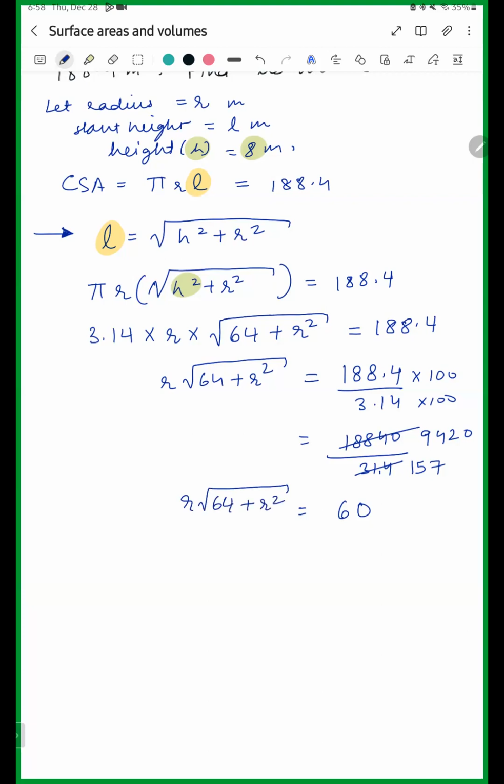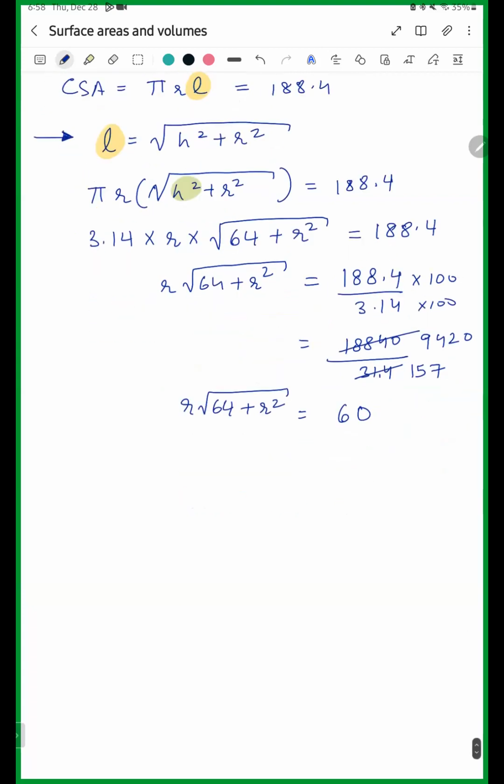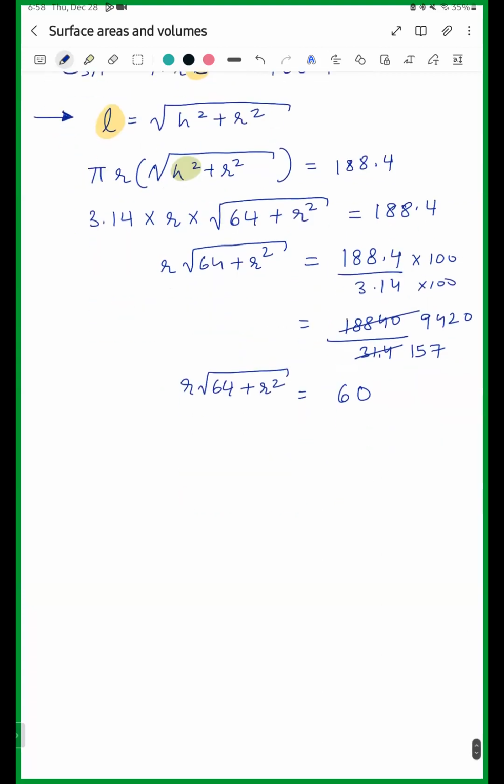Okay. Now let's square both the sides. Squaring on both sides because we need to get rid of this square root. Okay. R square into 64 plus r square, squaring both sides, is equal to 60 ka square is 3600.